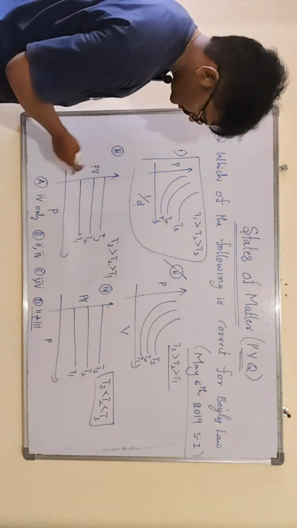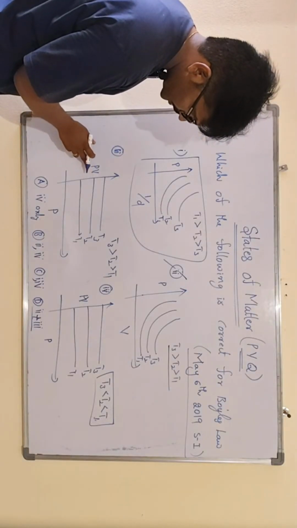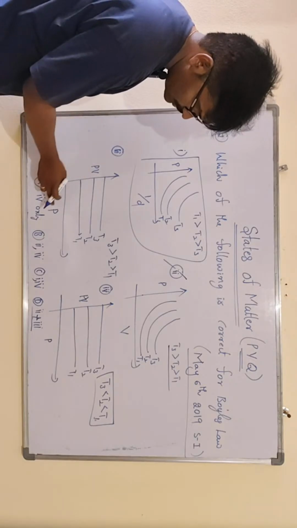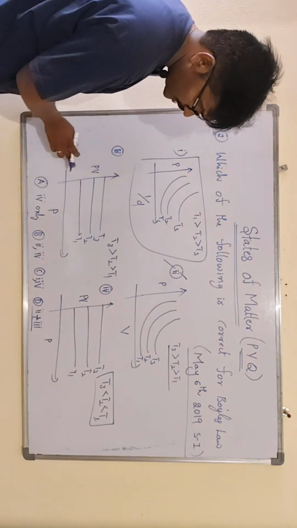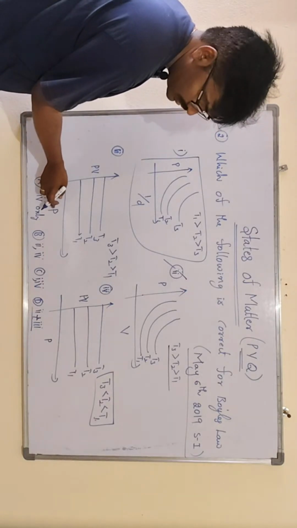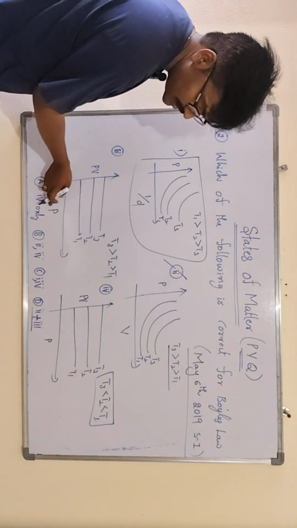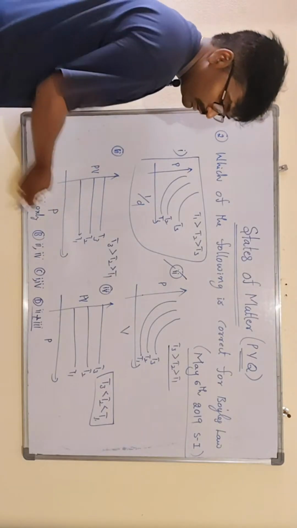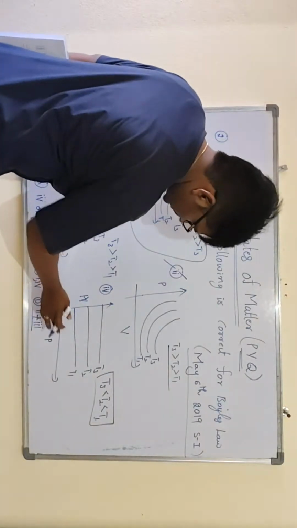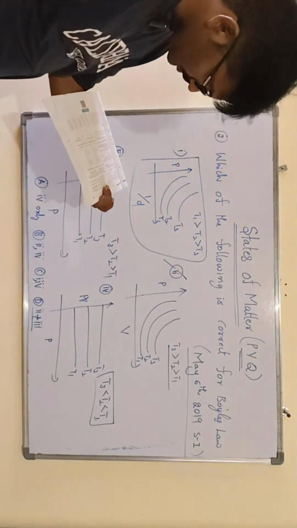Then even if you take pressure versus 1 by density, this graph is there for Boyle's law. For pressure-volume, the product of pressure and volume versus pressure gives a straight line parallel to the pressure axis. Even here also parallel to the pressure axis, and here too.